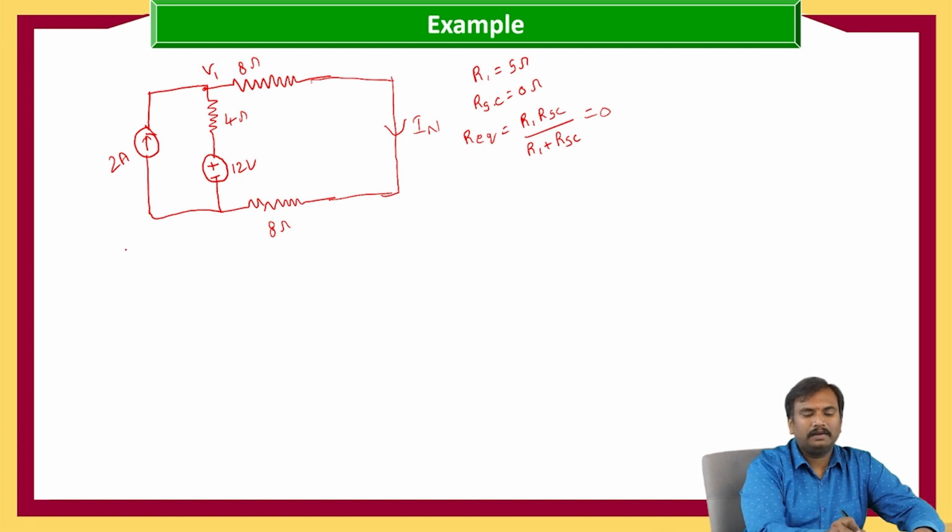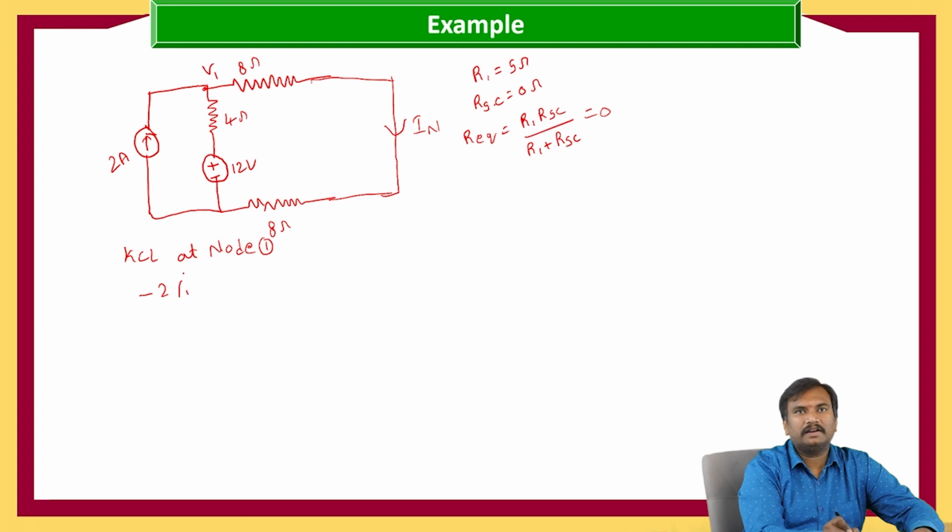If we apply KCL at node 1, minus 2 amperes, because current is entering towards the node, but our assumption is leaving from the node. Minus 2 plus V1 minus 12 by 4 plus V1 minus 0 by 8, which is equal to 0.